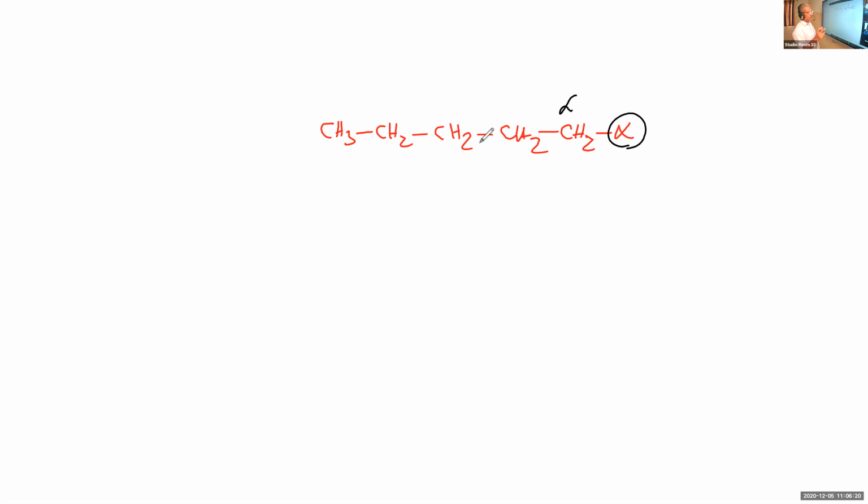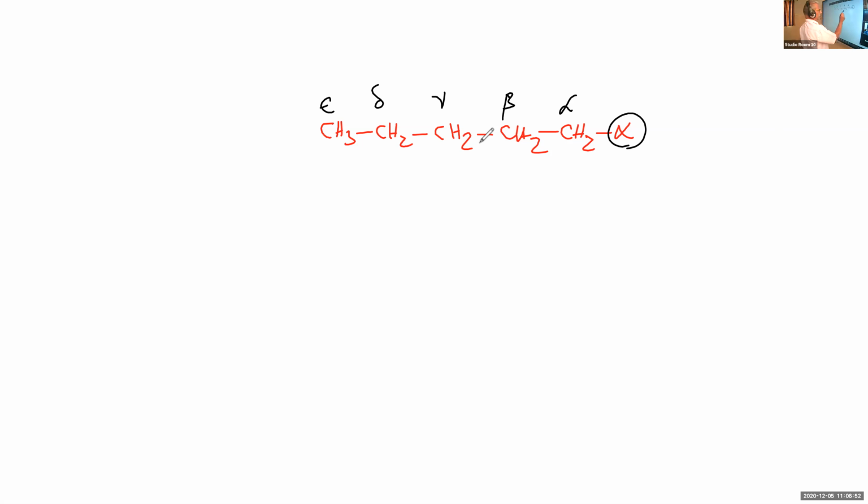So to have alpha hydrogens, first of all, there should be an alpha carbon. The hydrogens seen on the alpha carbon are alpha hydrogens. The next carbon is beta, and the hydrogen atoms on it are beta hydrogens. Then gamma, delta, epsilon. These are the various names given.